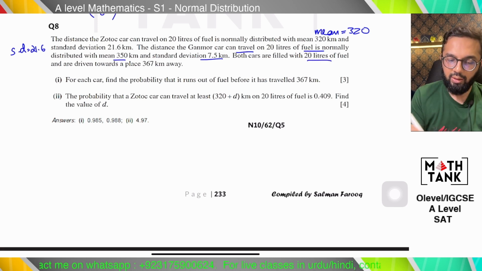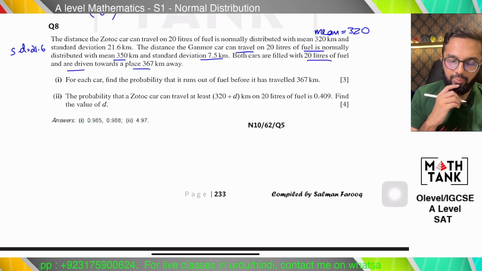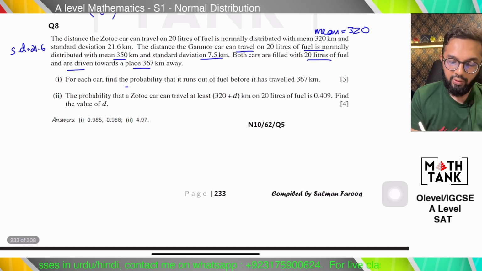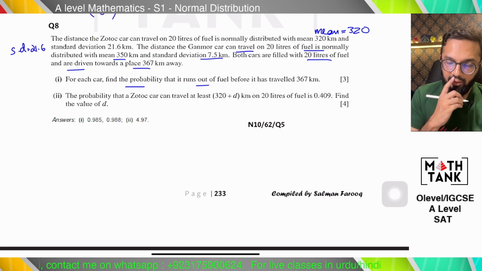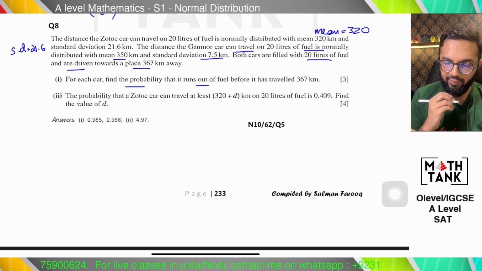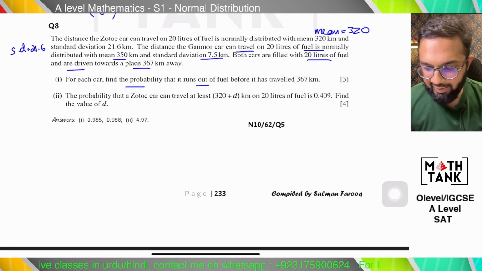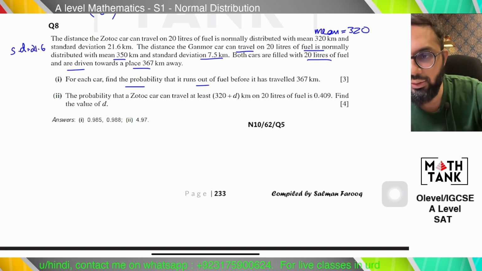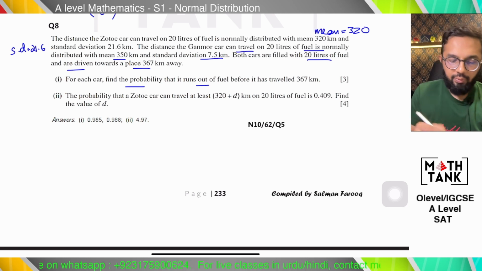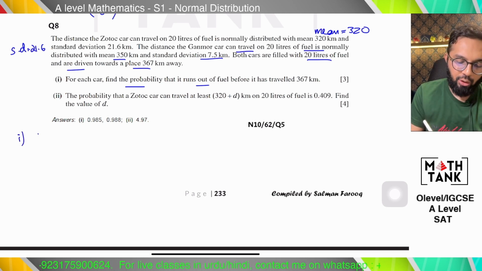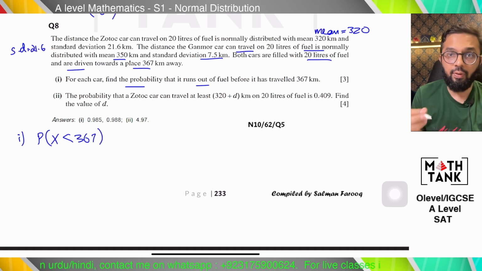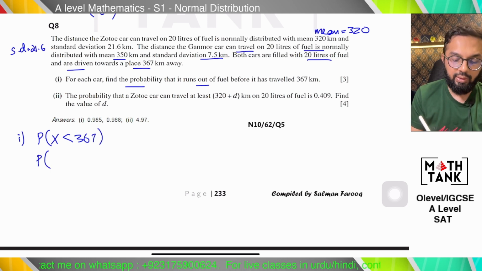Both cars are filled with 20 liters of fuel and are driven towards a place 367 kilometers away. For each car, find the probability that it runs out of fuel before it has traveled 367 kilometers. So I'm going to find the probability of traveling less than 367 kilometers for both cars with the fuel that I've been given.